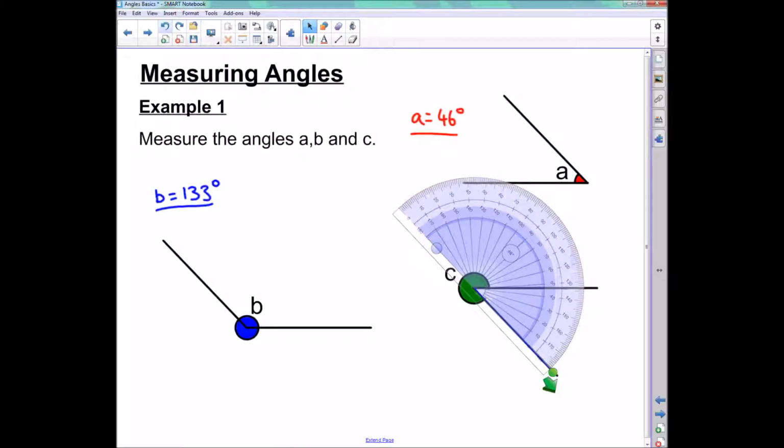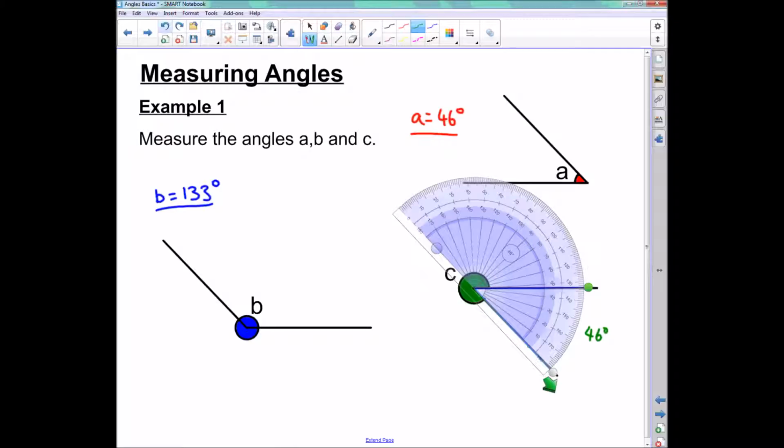So as you can see here, I'm going up 10, 20, 30, 40, counting the small individual units, 1, 2, 3, 4, 5, 6. So this missing angle here is 46 degrees.